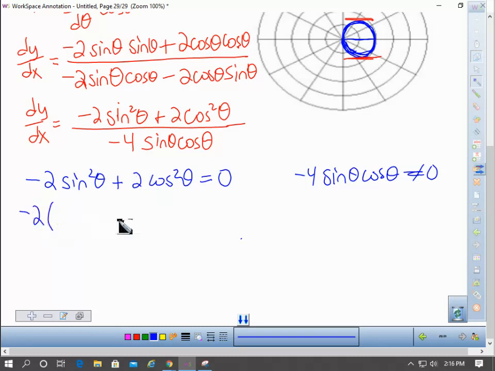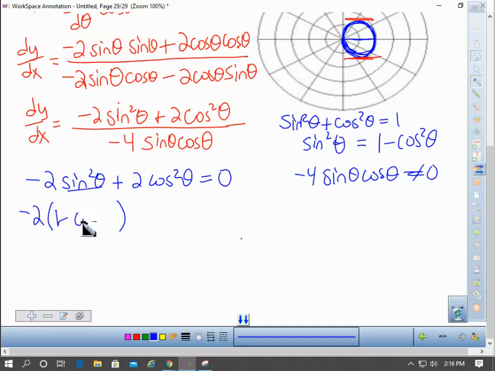So in place of sine squared, remember, sine squared plus cosine squared equals 1, so sine squared is going to equal 1 minus cosine squared, because you're going to move the cosine squared over to the other side. So I'm replacing sine squared with 1 minus cosine squared.